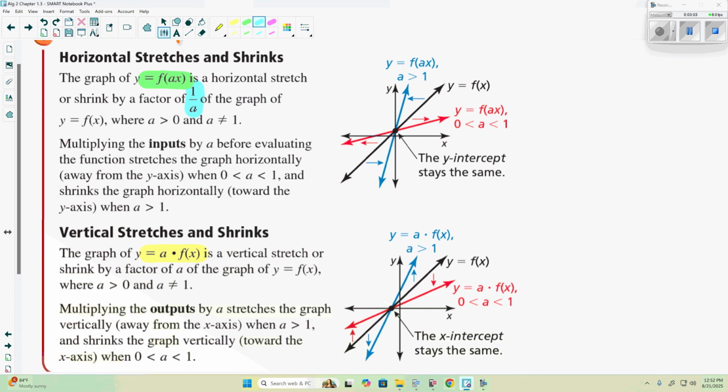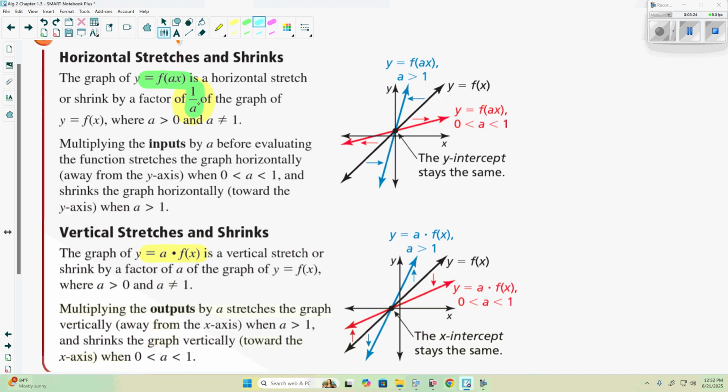I don't like it because they use a in 2 different places. Does that make sense? If we're going to say a of x, I want to denote this in some other way than using the same letter twice.